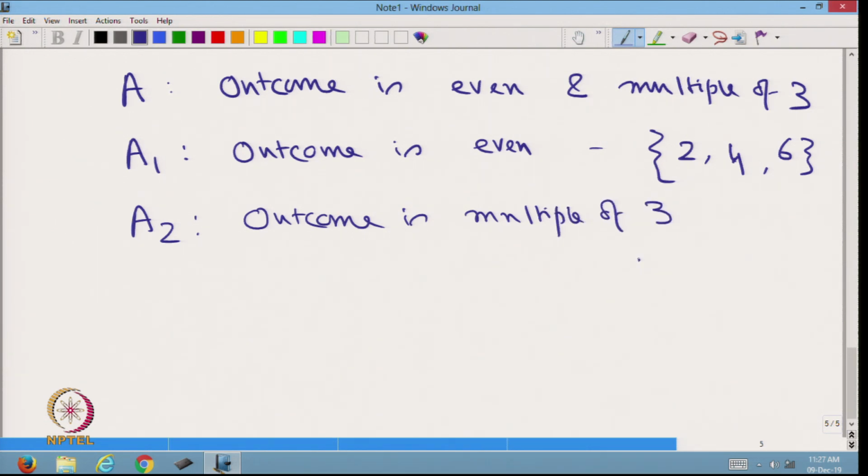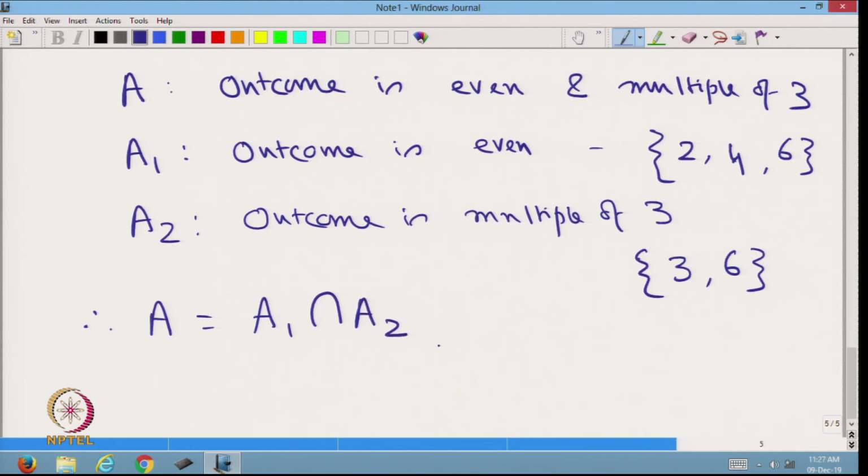Therefore, the outcome is 3 or 6. Therefore, we can describe A as the intersection of A1 and A2.